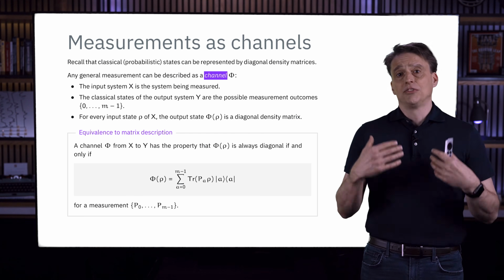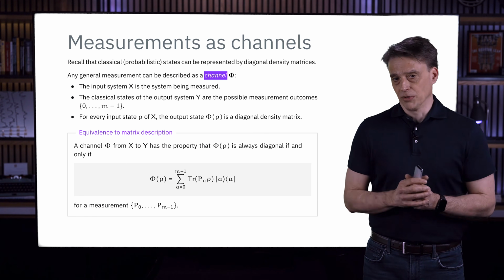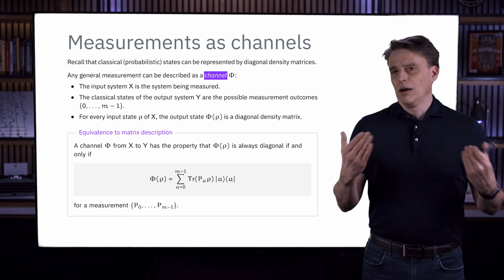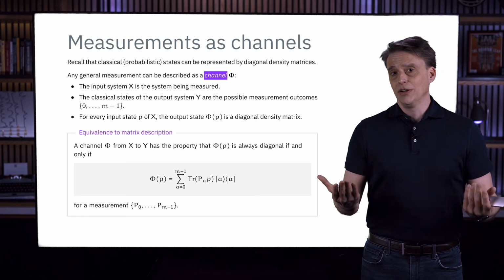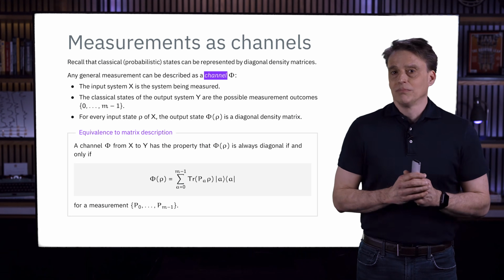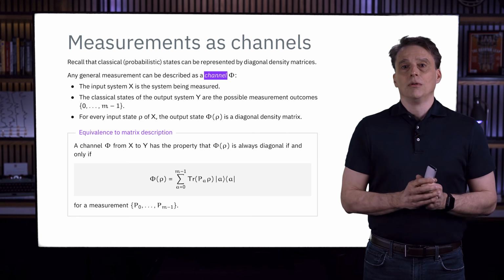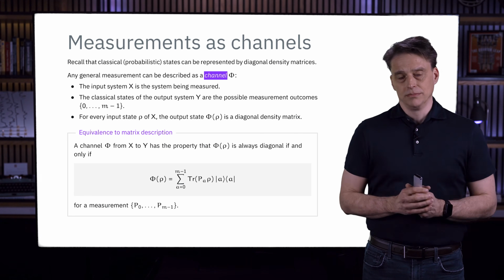And it turns out that it's completely equivalent to our first description of measurements, which is purely algebraic. I won't go through the proof of the equivalence in this video, but it isn't difficult, and if you're interested, you can find the proof in the written material for the lesson, which is linked in the video description.